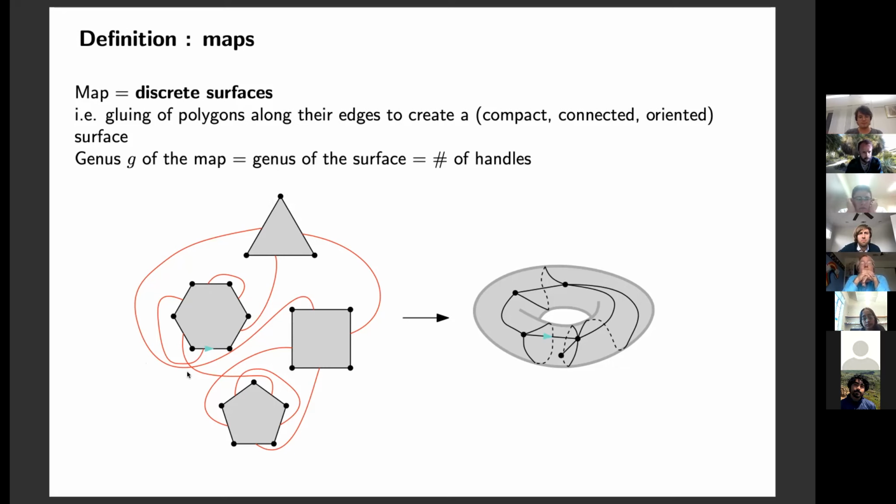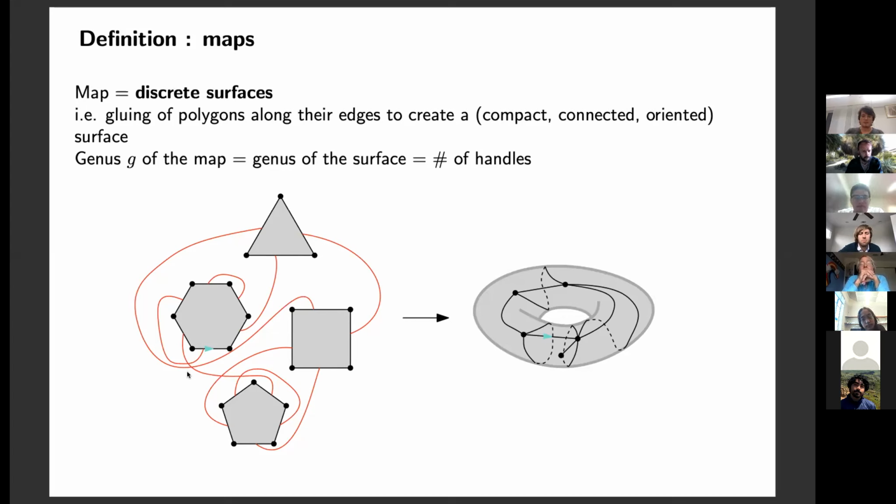And so in the study of maps and in geometry of surfaces in general, I'm sure you're all familiar with this. An important parameter that encodes the topology is the genus of the map, which is also the genus of the surface. It's just the number of handles, to say it informally.